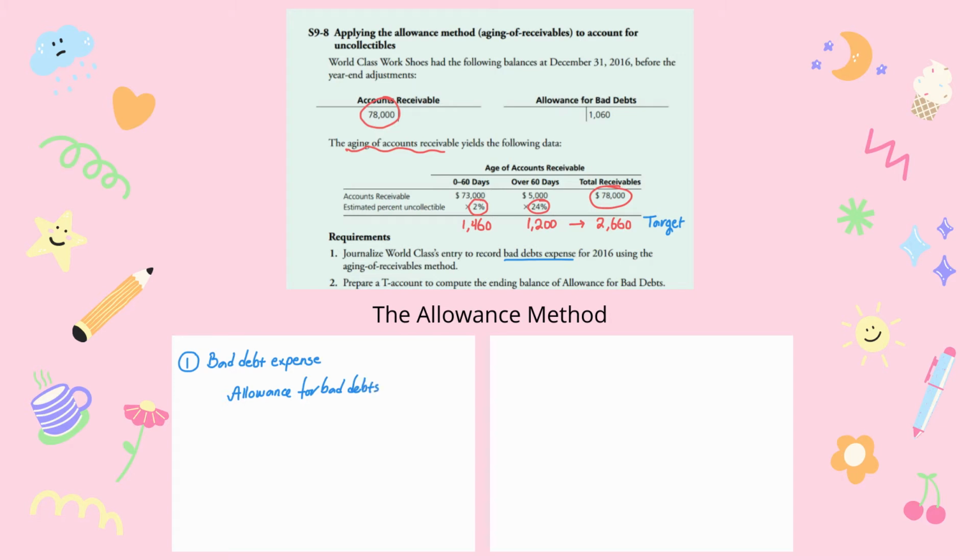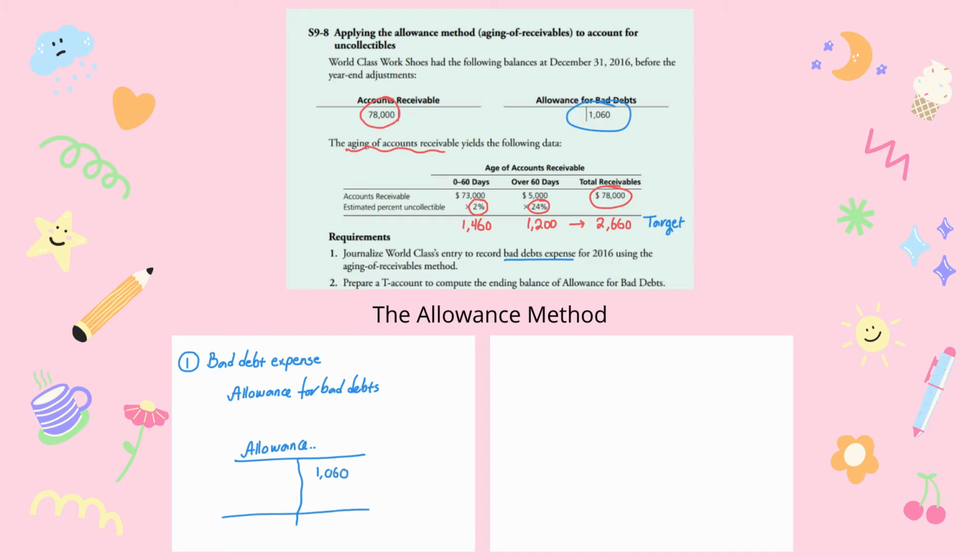Since I'm working on accounts receivable, which is not a temporary account but a permanent account, it's accumulating. So I need to find bad debt expense by drawing a T account for the allowance for bad debts. Okay? So we had a credit of 1,060. This is my unadjusted balance.